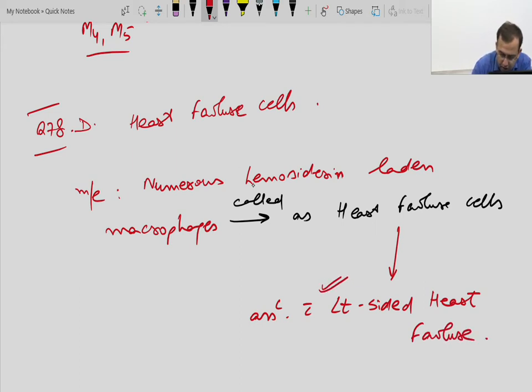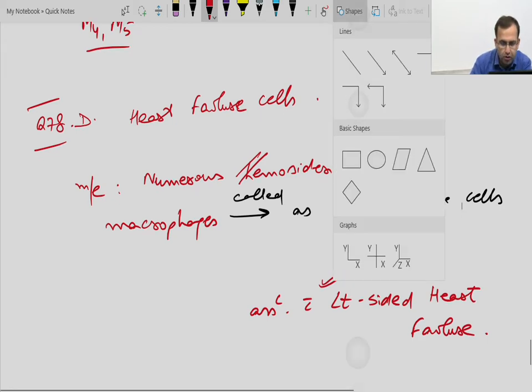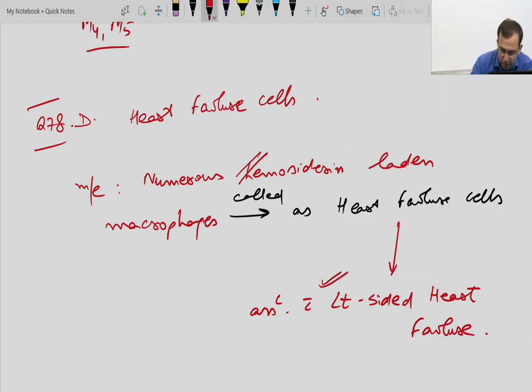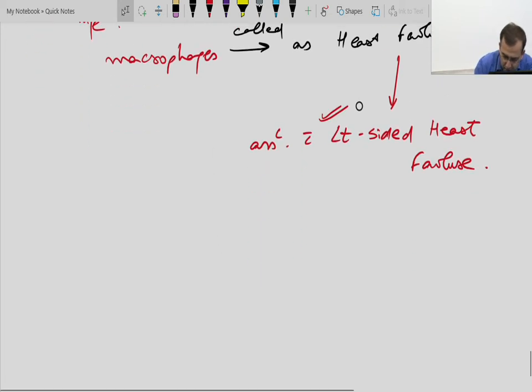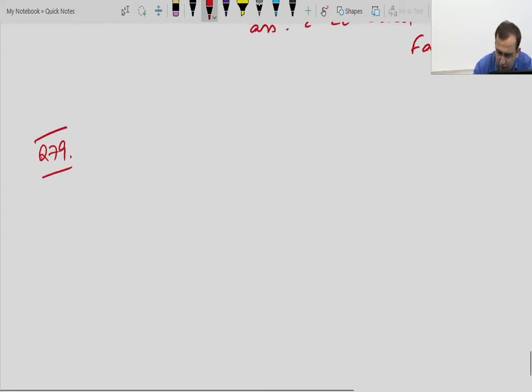These are the hemosiderin laden macrophages. I am sure you already knew this and the majority of you would have gone right in it. Done. So this is question 78. This gets us to the next one, that is question 79.